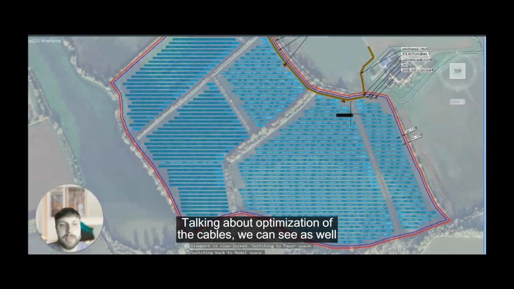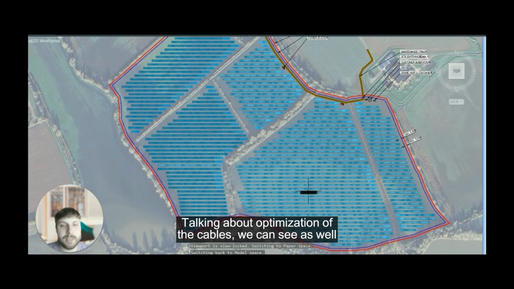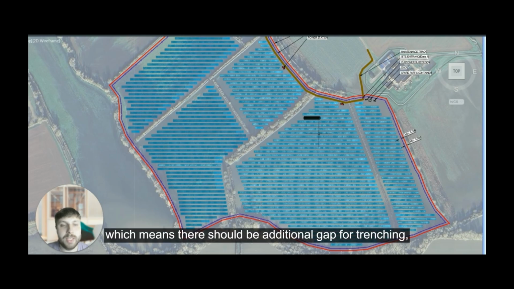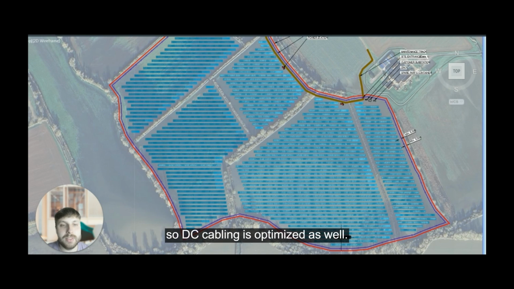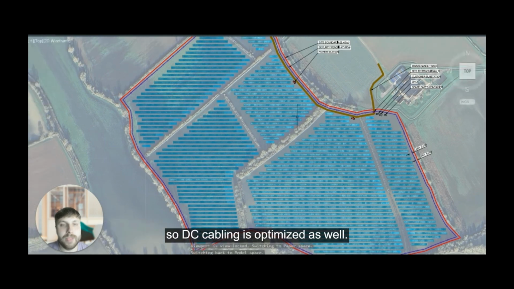Talking about optimization of the cables, we can see as well that some of the rows here are over 300, 400 meters, which means there should be an additional gap for trenching. So DC cabling is not optimized either.